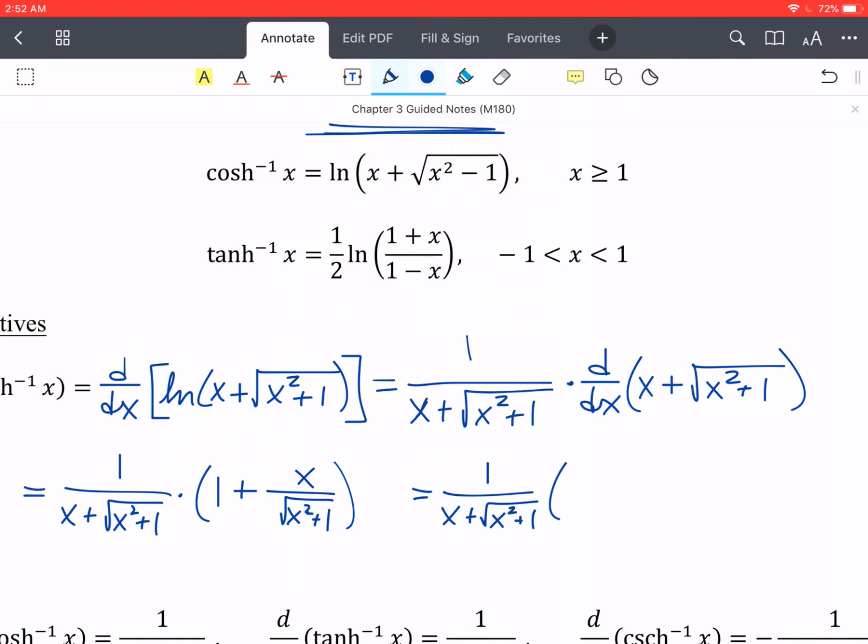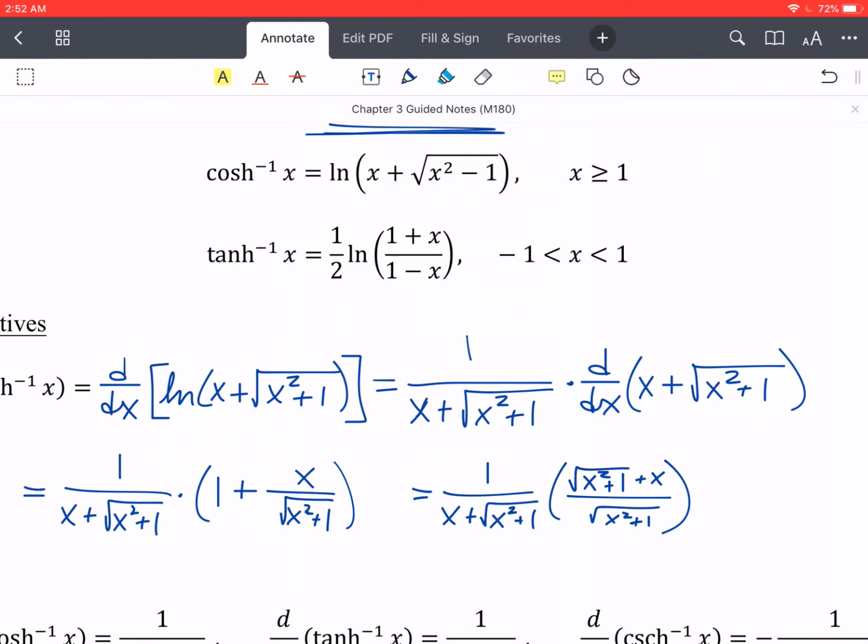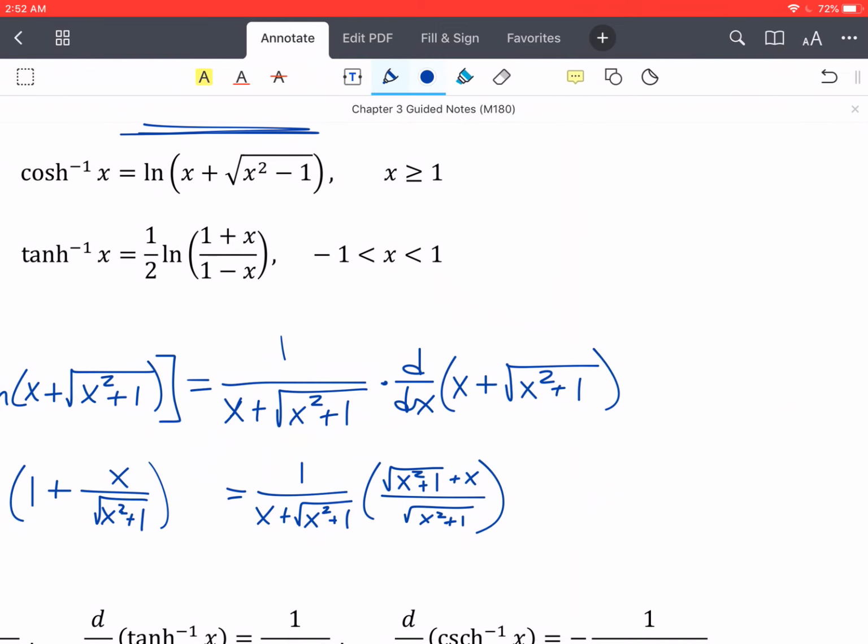So let's just give those a common denominator. So that's square root of x squared plus 1 plus x over square root of x squared plus 1. So if we combine these together, square root of x squared plus 1 plus x over, I'm just going to switch the order of these two.